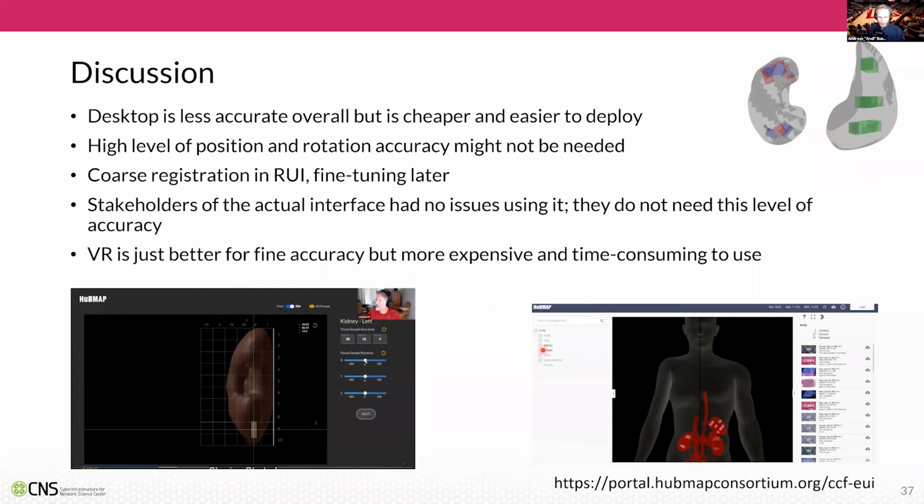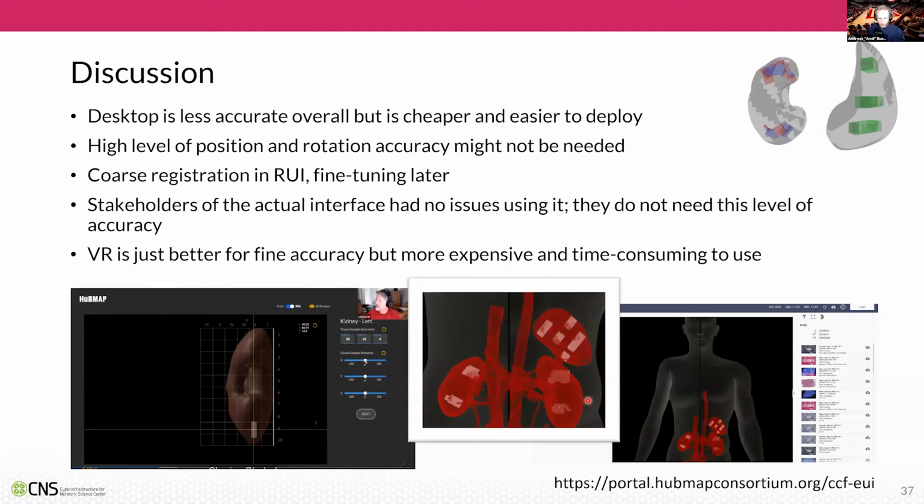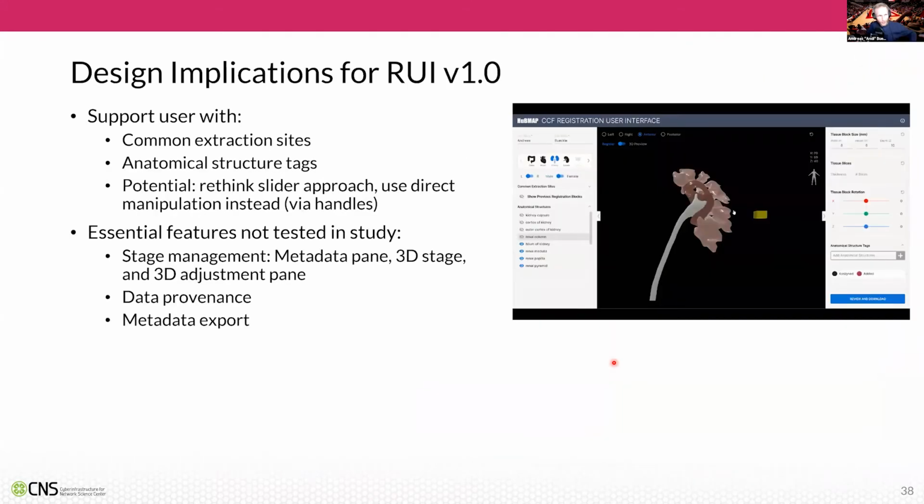And so what you see here on the right side now, these are actual tissue blocks registered with the RUI. You can see all of these tissue samples here in the kidneys. Those have actually been registered, either with the prototype RUI or going forward, the new RUI version 1.0.